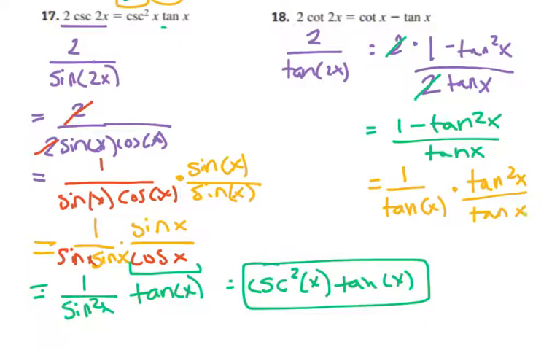But if we cancel one of those tangents, we're going to end up with 1 over tangent, which becomes cotangent. Oh, I have a times, but that's a minus. Cotangent of x, and then minus 1 tangent left on the top.